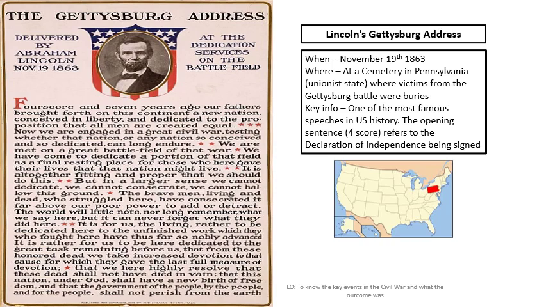So 4 20s, so 4 times 20 is 80, and 7, so 87 years ago, he said, our fathers brought forth on this continent a new nation. So he's referring to way back 87 years ago when America signed that Declaration of Independence from Britain, when they signed that bit of legislation that said we don't want to be owned by Britain anymore.